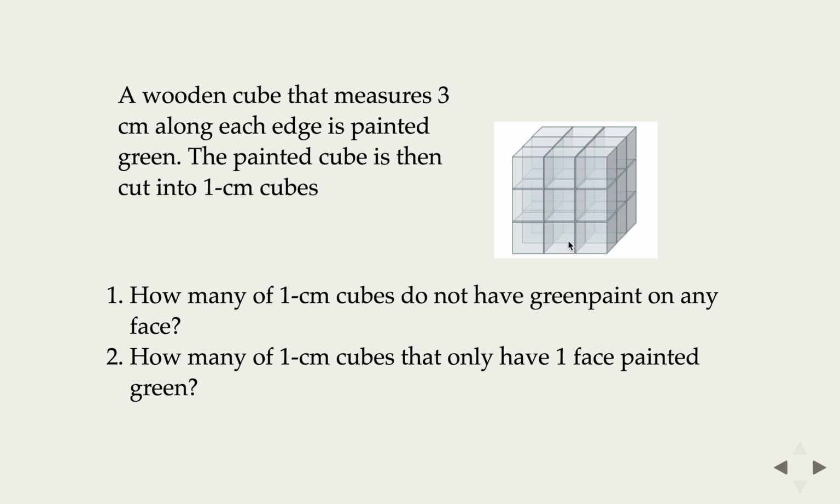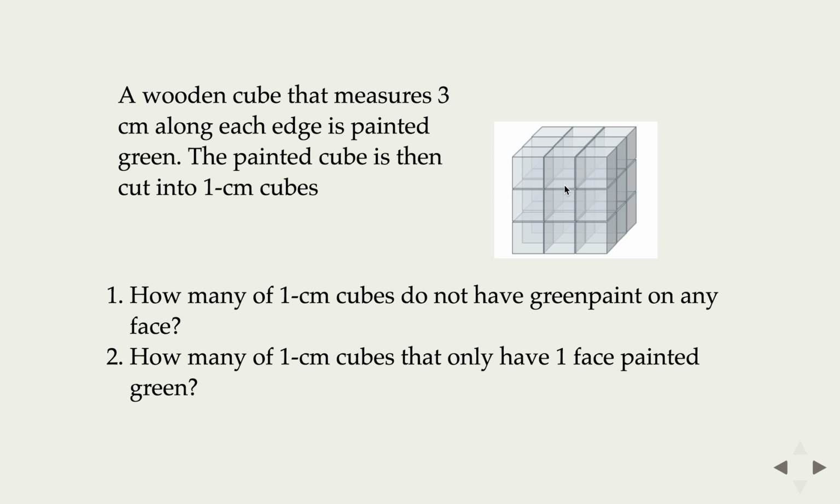All right. So similarly, when you imagine that this is painted in green, the corner ones always have 1, 2, 3 outside faces painted, and then there may be something hiding inside. Think about it. On this layer, everything is outside, but in this middle layer, the middle one is actually not touching any surface.